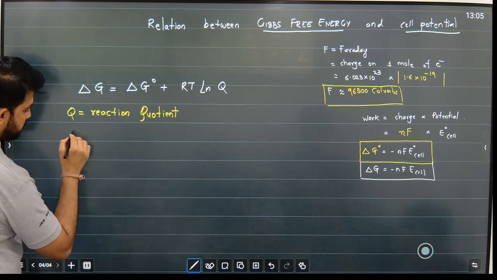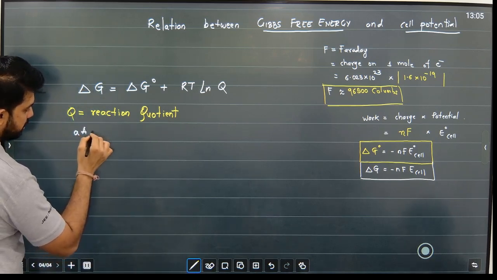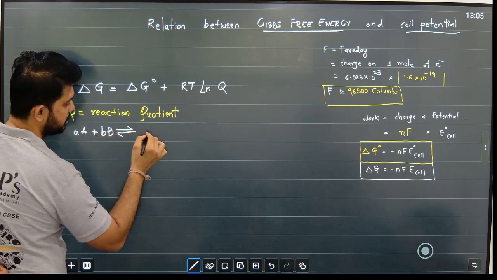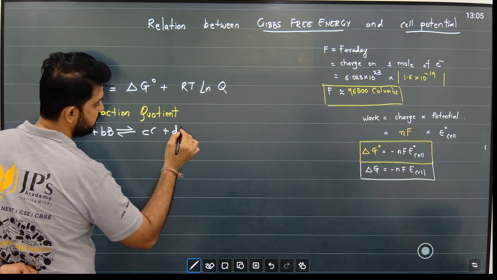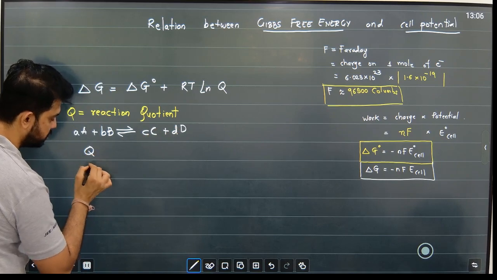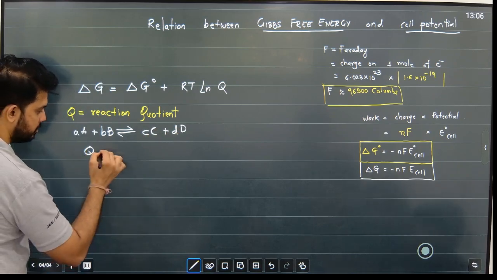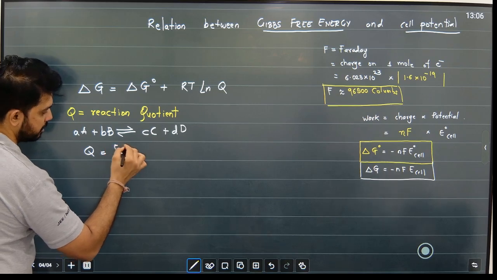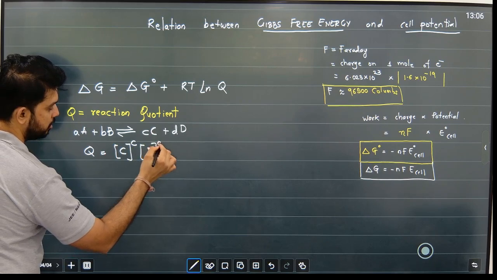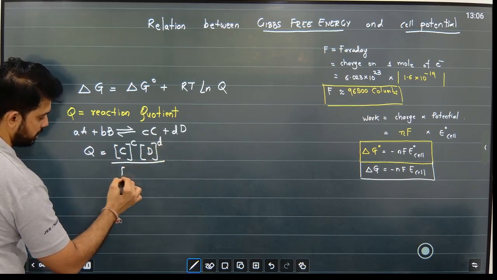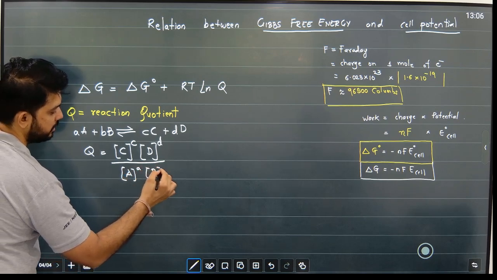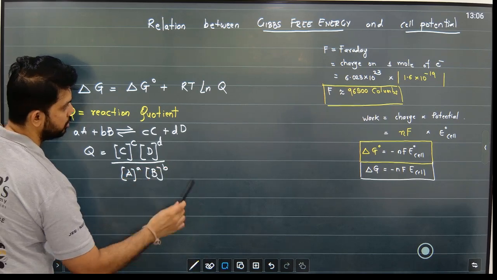Let's say we have a reaction something like this, aA plus bB in equilibrium with cC plus dD. How will I write the expression for reaction quotient? Q is equal to concentration of C raised to c into D raised to d over A raised to a into B raised to b. Yes or no?